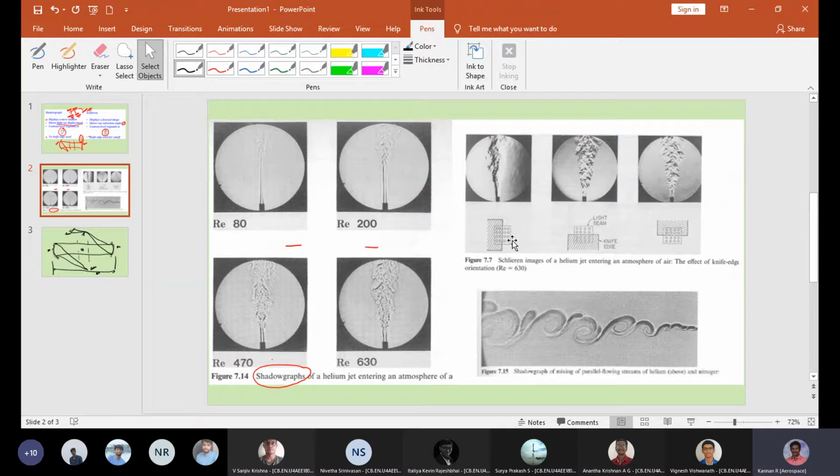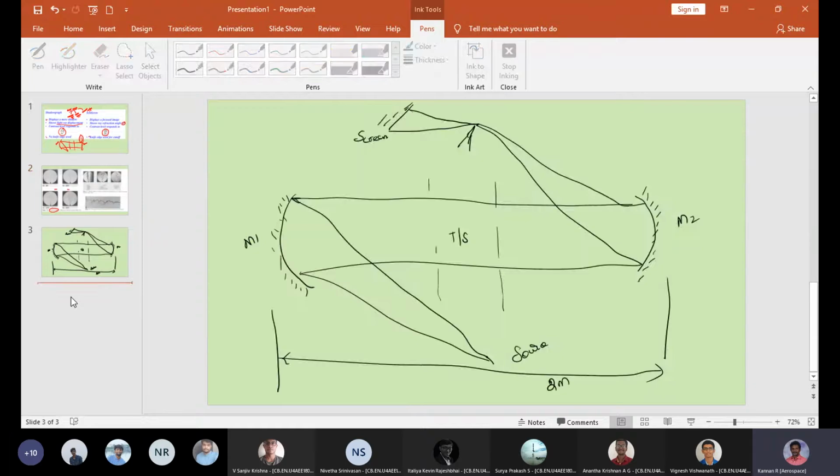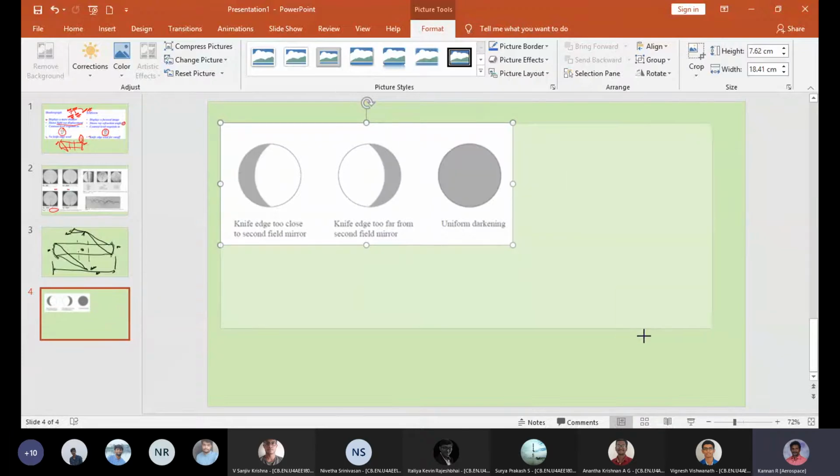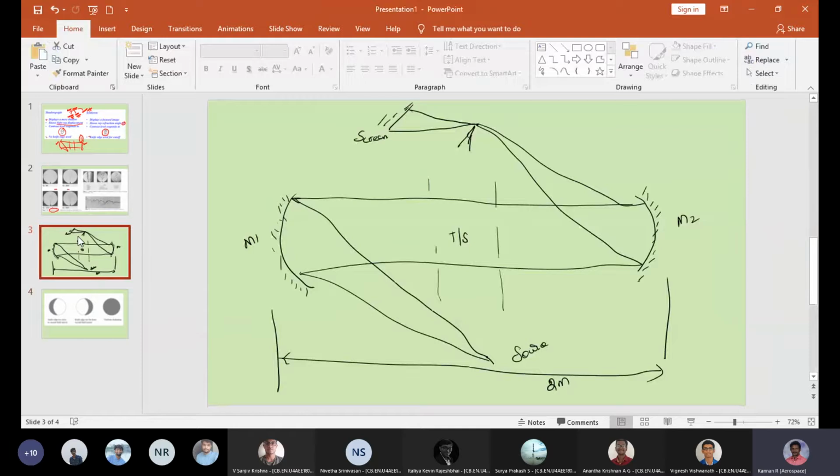If you keep the knife edge in a given orientation, the image form varies accordingly. Also, the location of your knife edge matters.